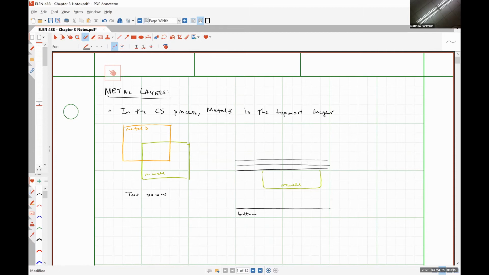This is where our polysilicon layers, which we'll learn about, I think, probably Tuesday, would go. Then we have a layer here, which is where metal 1 would be. Then we'll have a layer here, which is where metal 2 would be.